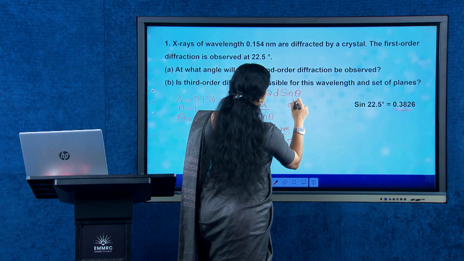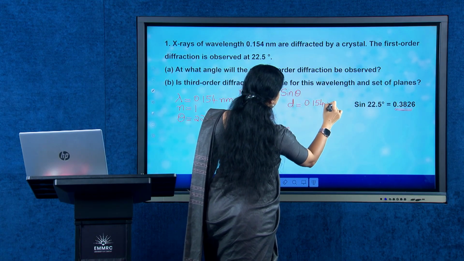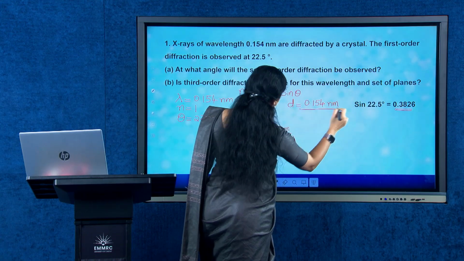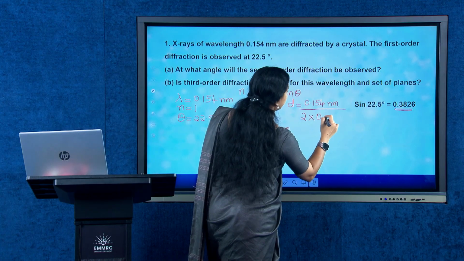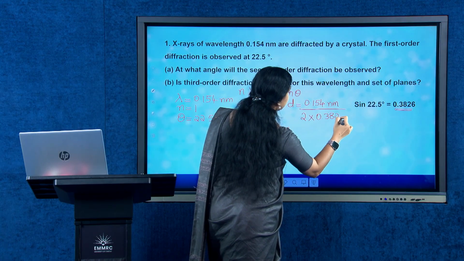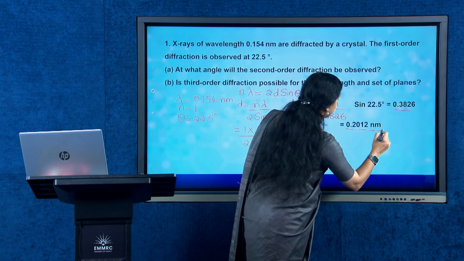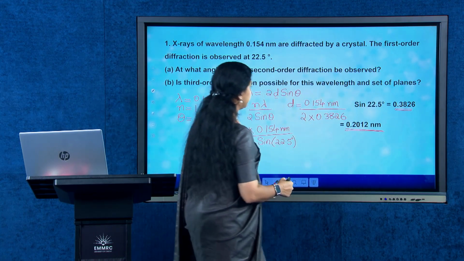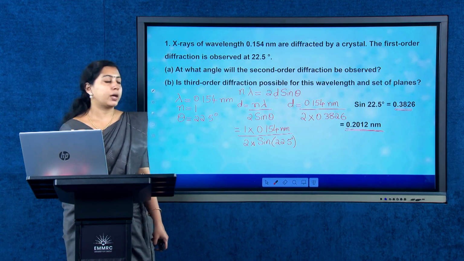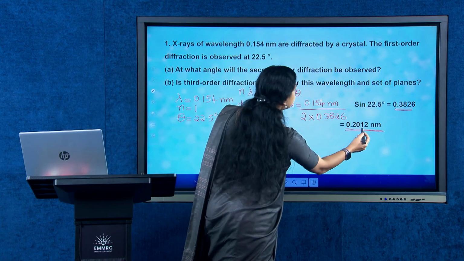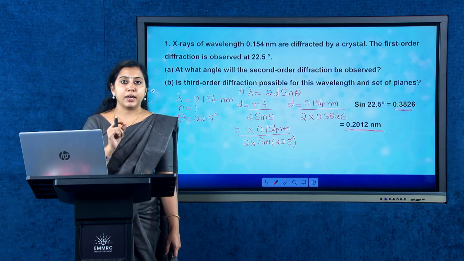We have d equals 0.154 nanometer divided by 2 into 0.3826. That will be equal to 0.2012 nanometers. So, we have calculated the spacing between the planes and we got the value of d as 0.2012 nanometers.